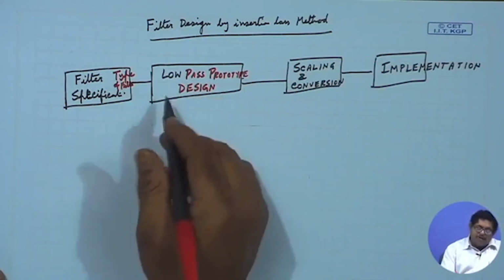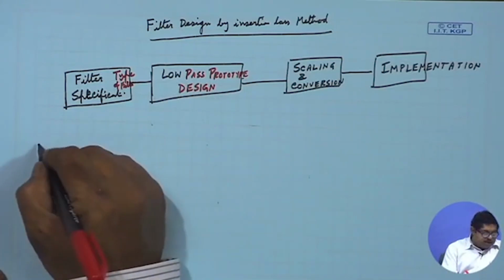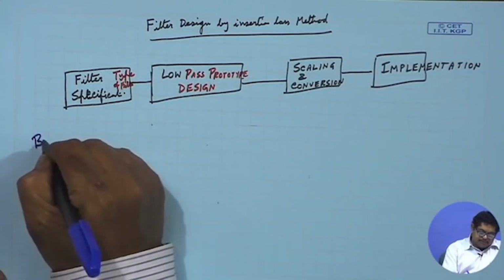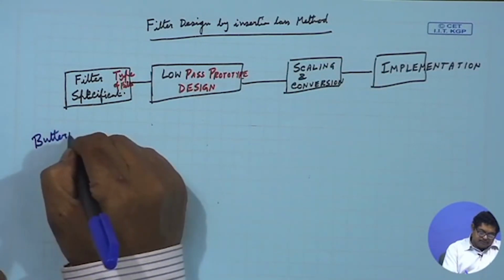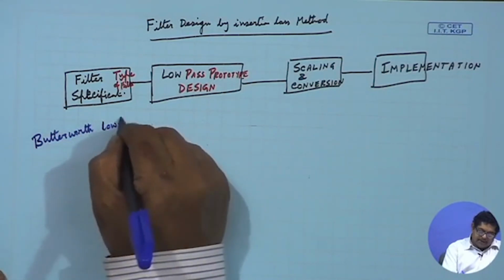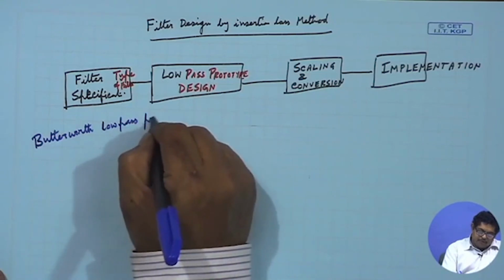So, we are going here. Now, first we start with the Butterworth low pass prototype.